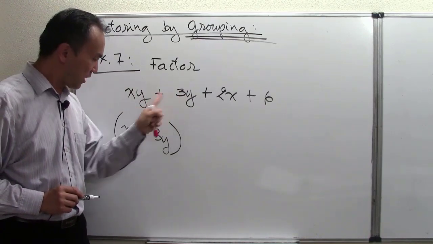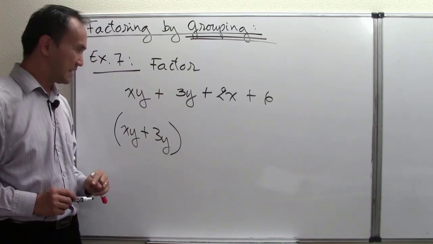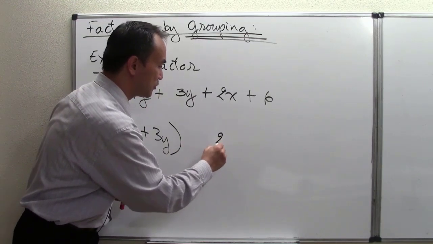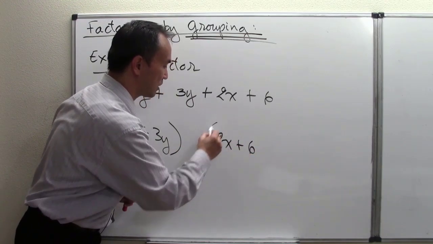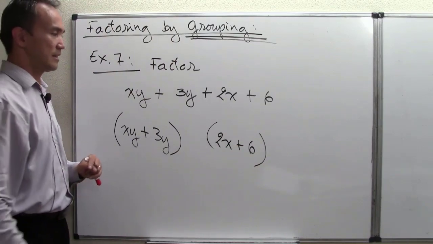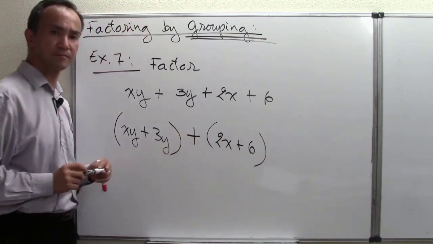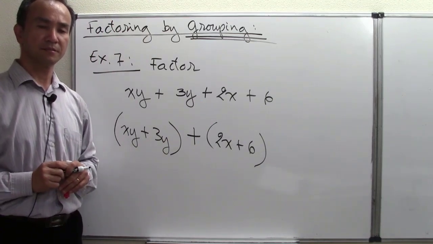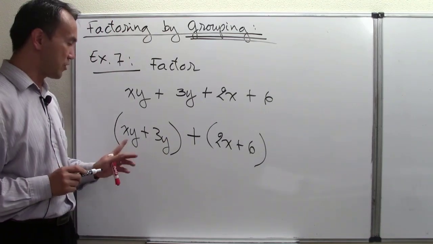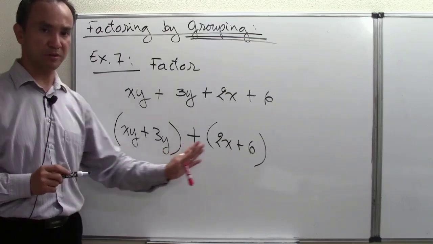And I'm grouping 2x plus 6 as another group. It's addition right now. So now I have produced two separate groups.